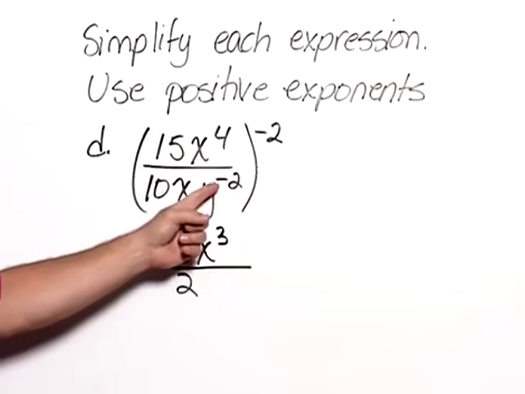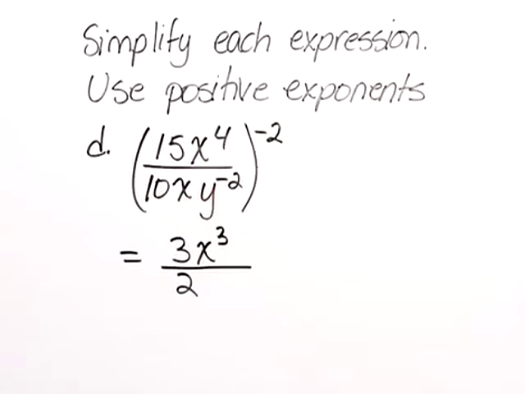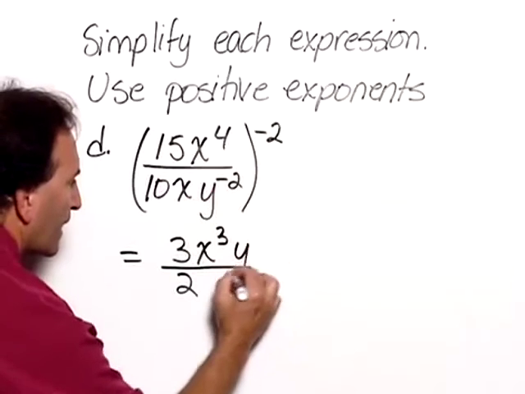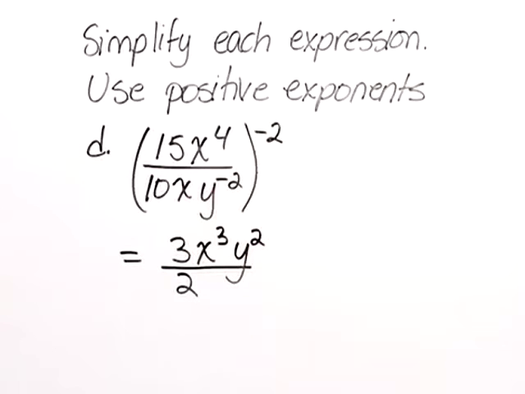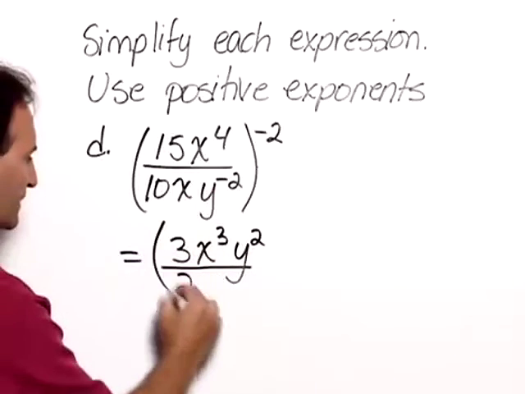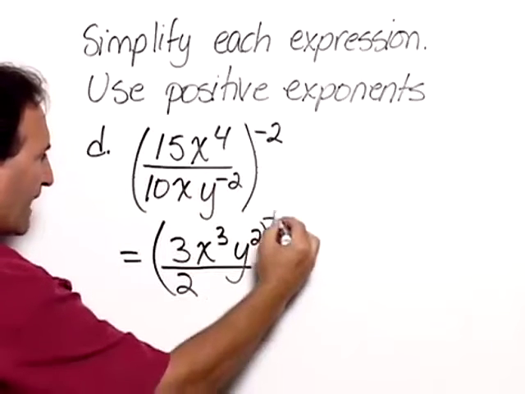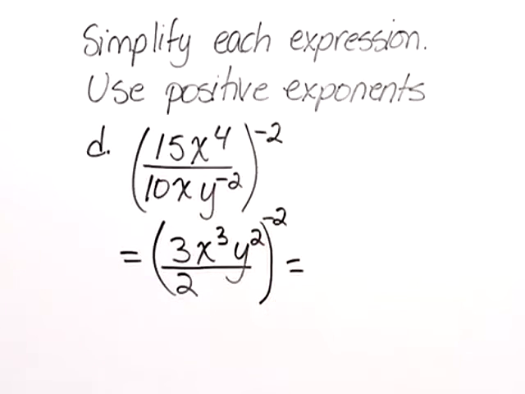For the y to the negative 2 power, remember we can put that into the numerator and change its power to positive. So that's what's inside the parentheses, and that's raised to the negative 2 power.